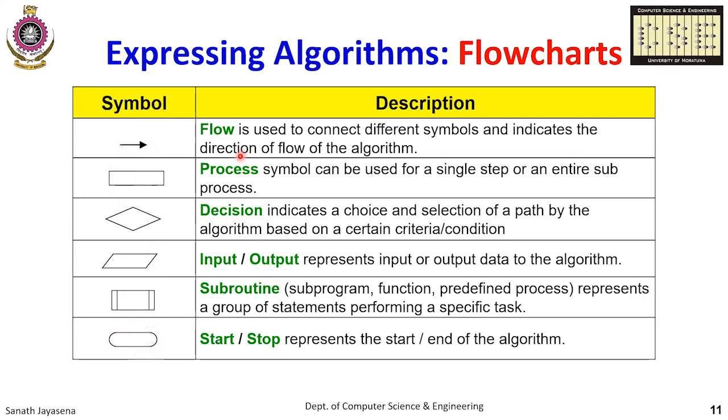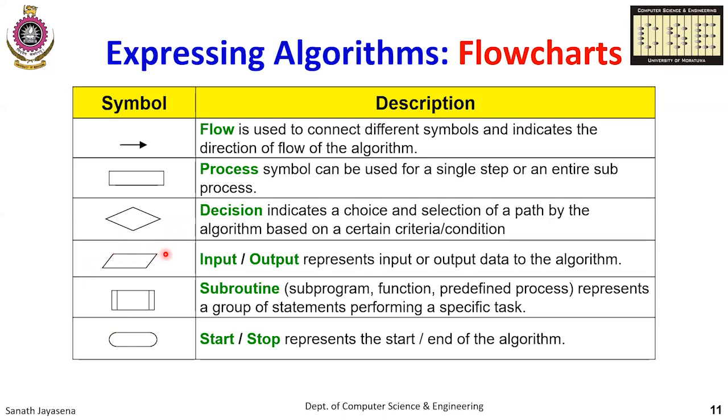An arrow indicates flow, and a rectangle indicates a process, some computation or activity. The diamond shape is where you make a decision, or what we call a conditional evaluation. You ask a question whose answer is yes or no, and depending on the answer, you can go one way or the other, right?